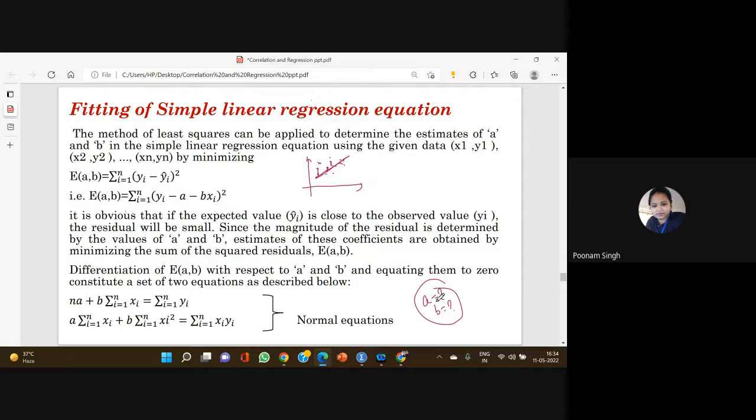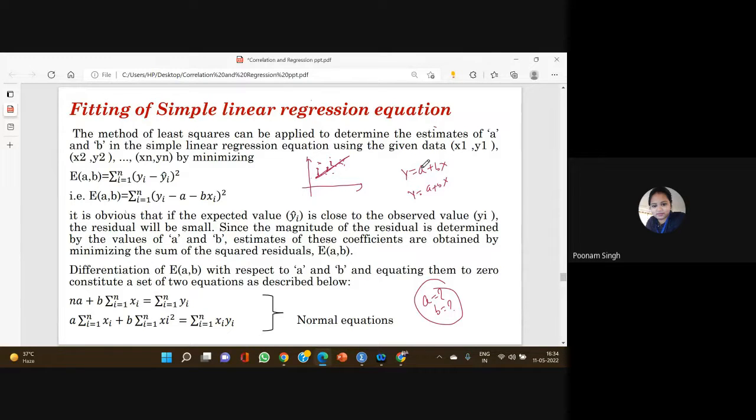We were interested in computing the values of A and B because we were fitting the line of best fit, and to fit the line of best fit we need the values of A and B. So we will get A and B from this, and plug these values into the equation y equals A plus Bx.